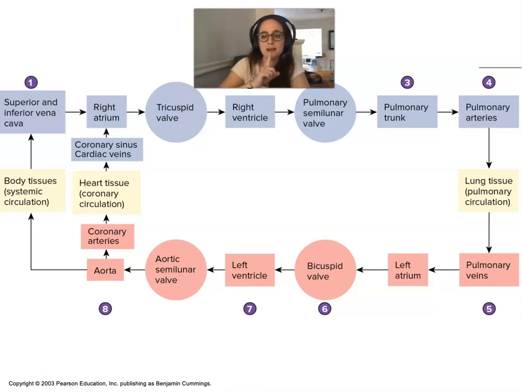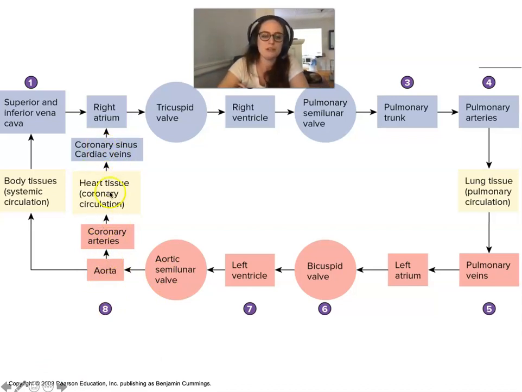One thing I did not mention is the little path over here with the coronary arteries. So I did have you see the left and right coronary artery, and you did see the great cardiac vein and probably the middle cardiac vein. Now we do again have to oxygenate that heart tissue itself. So the right and left coronary artery are branches off of the aorta.